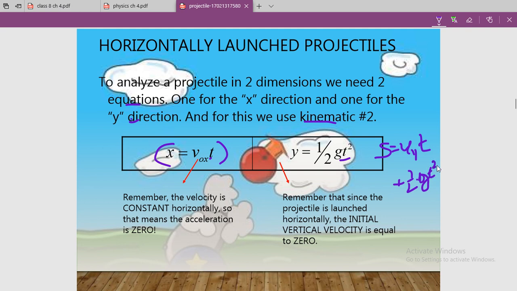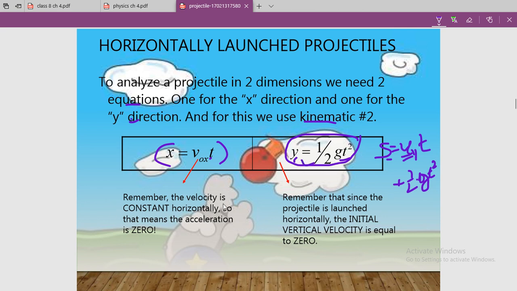But since the initial vertical component of velocity is 0, our formula is s is equal to half gt square. Since the vertical displacement is taken as y, it is y is equal to 1 by 2 gt square. So this is the final result. I hope you understand.